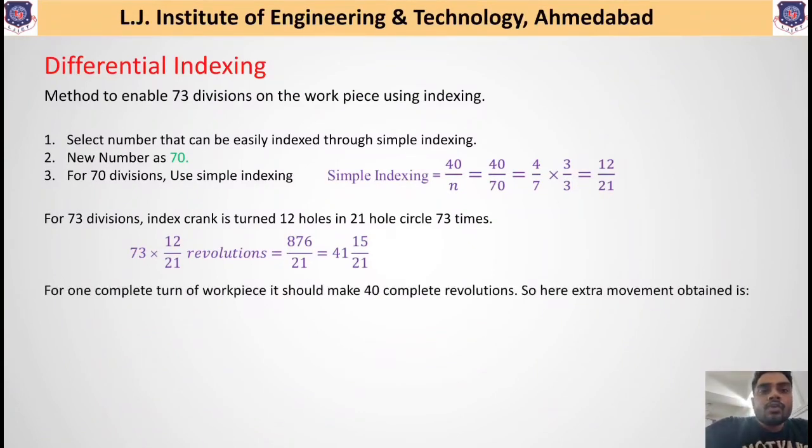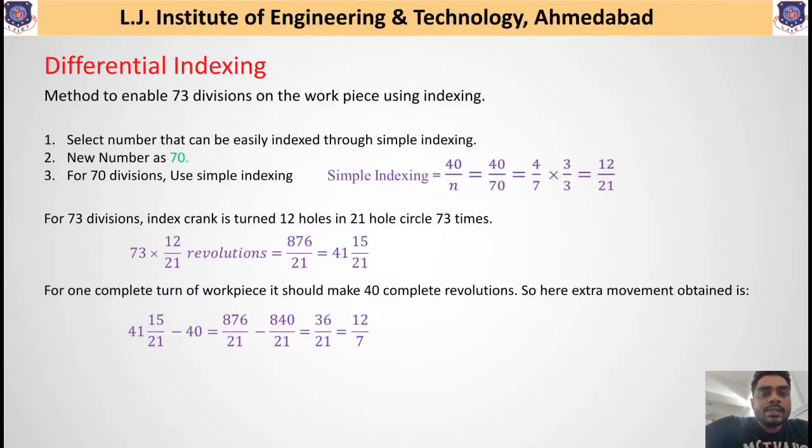As we know, for one complete turn of the workpiece, as we have discussed, it should make 40 complete revolutions, and here we have obtained extra movement. We can obtain it by subtracting 40 from the number. So it is 41 and 15 divided by 21 minus 40.